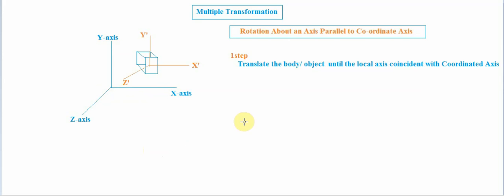Then what? We need to perform the second step. What is the second step then? In this second step, we are going to perform the rotation of an object with a specified axis.